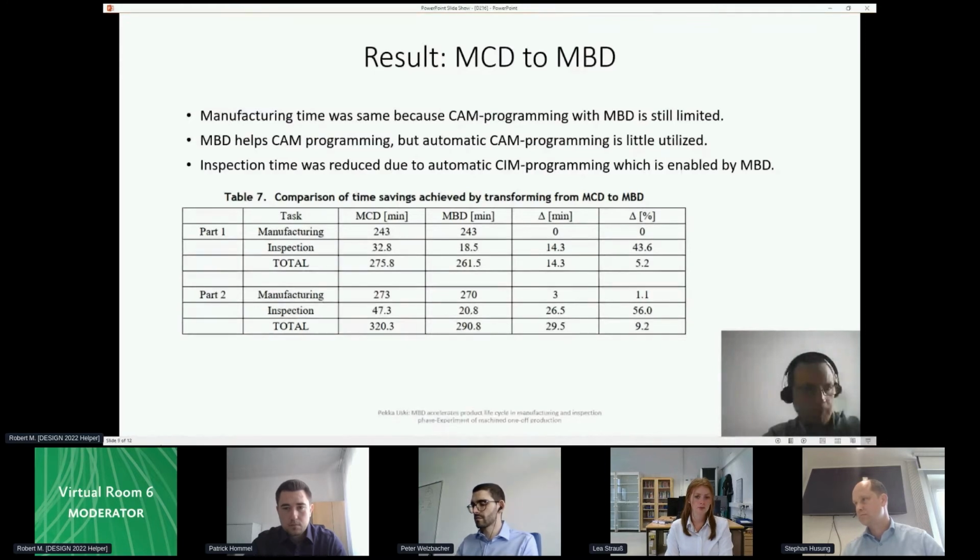And in part 2, manufacturing time was saved about 1%, and inspection time savings were also significant, 56%. And we can see that when complexity was increased, also manufacturing time was reduced with the definition by models.